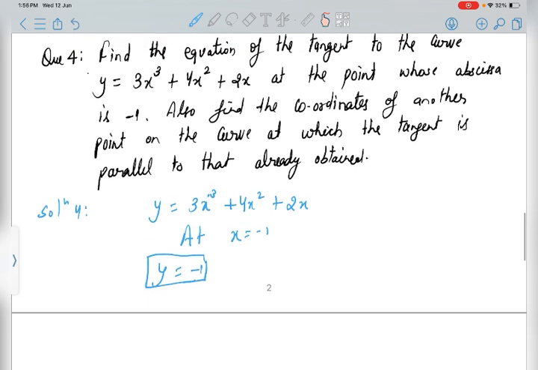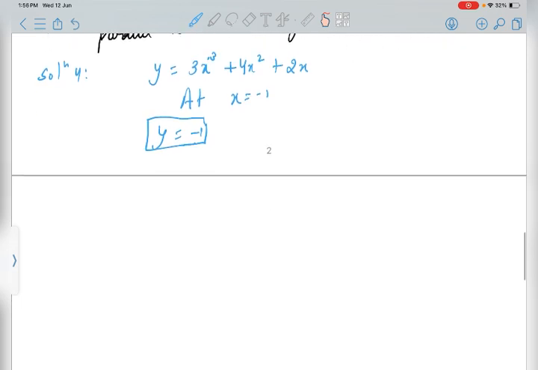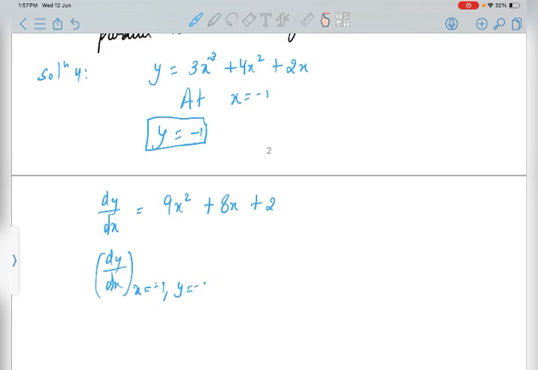Okay, now find the equation of the tangent. So dy by dx, slope of tangent, is 9x square plus 8x plus 2 at x equals minus 1, y equals minus 1. So it will give 9 minus 8 plus 2, so it will give 3.